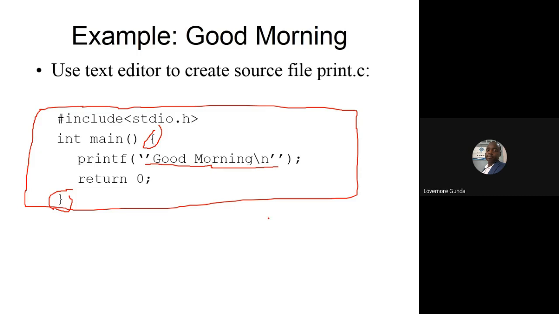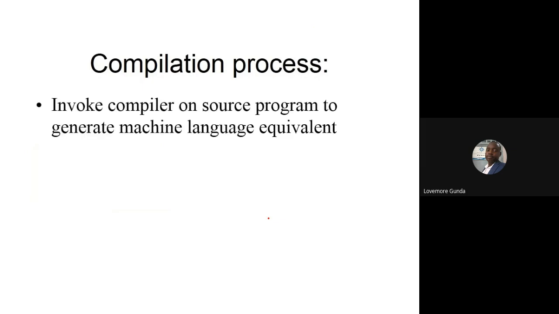Then you can compile. Like I'm saying, because you'll be writing on a programming platform, some of the steps will not be there, right? So what happens in compilation? You invoke the compiler on a source program to generate the machine language equivalent. So you realize that on our Dev-C platform, you just click compile, then it compiles.